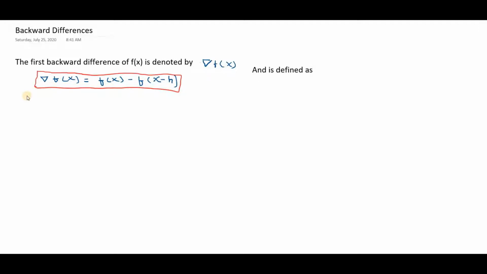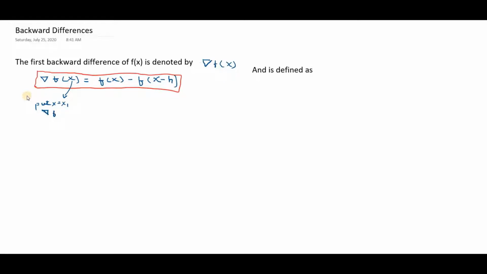Now, if we put the value x is equal to x1, what will you get? So I will write here, put x is equal to x1. What you will get?